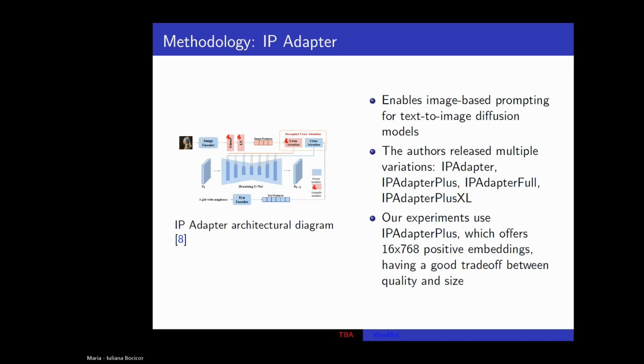We also tried to generate embeddings with the other alternatives. To measure how reliable this generation is, we at first just extracted the embeddings, then generated back the image without any brain-related module, just to see how closely we can mimic the initial image. And we found IP adapter plus to be a good trade-off between quality and size.